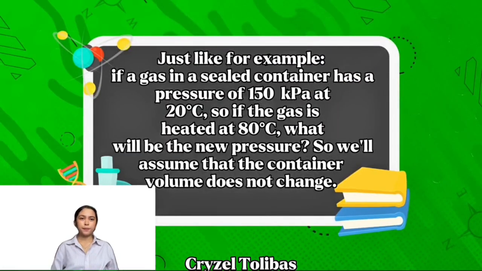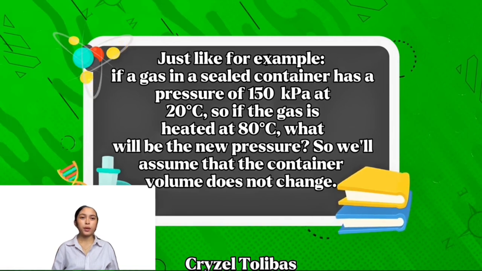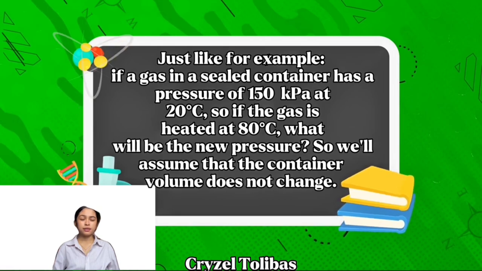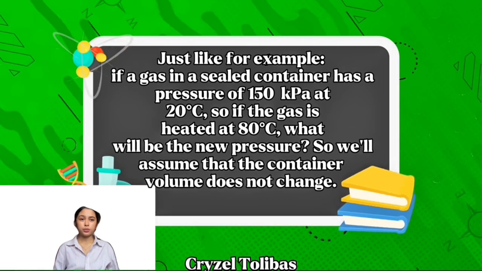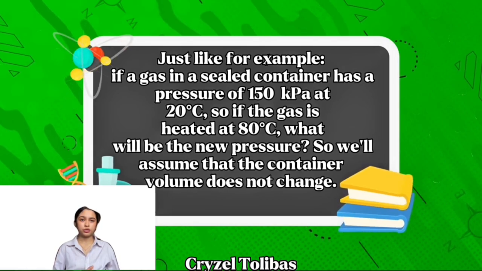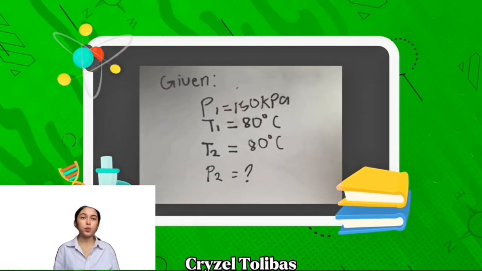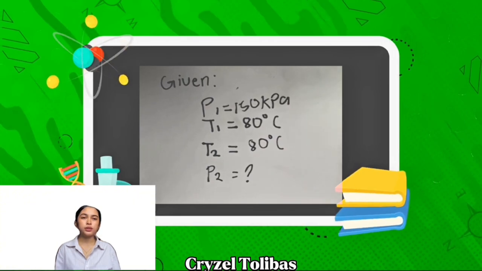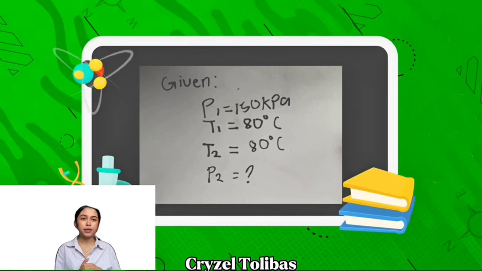Just like for example, if a gas in a sealed container has a pressure of 150 kPa at 20 Celsius, and the gas is heated to 80 Celsius, what will be the new pressure? We'll assume that the container volume does not change. Okay, here's the given: P1 is equal to 150 kPa, T1 is equal to 20 Celsius, T2 is equal to 80 Celsius, and what will be the P2?